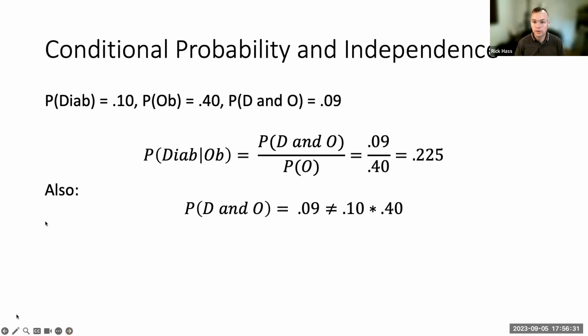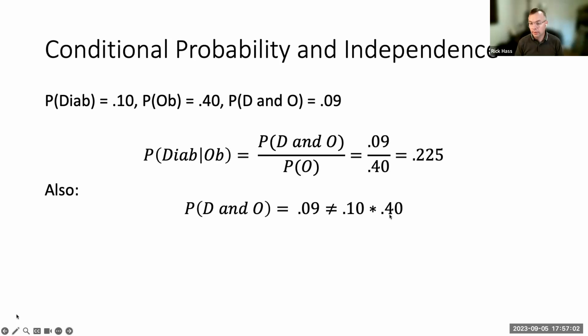Another way to see that is that the joint probability of diabetes and obesity in this sample is 0.09. Now, if diabetes and obesity were statistically independent, then their joint probability should be equal to 0.10 times 0.40, which is 4%, which is not equal to 9%.